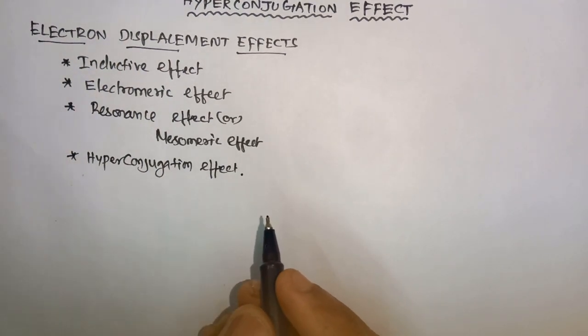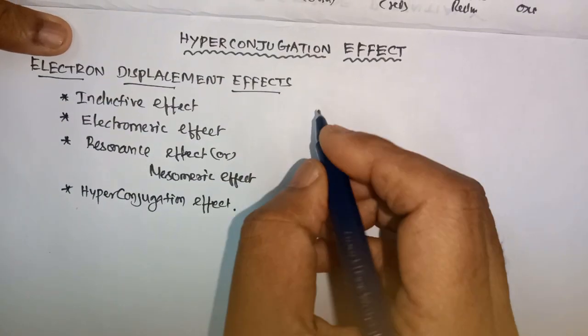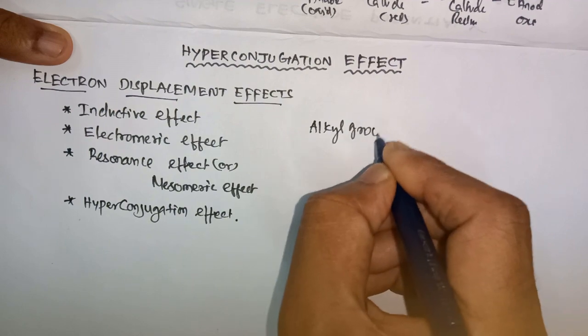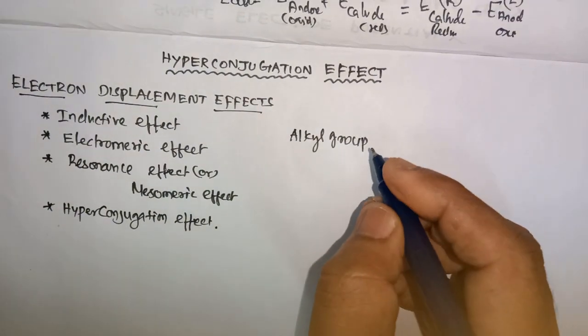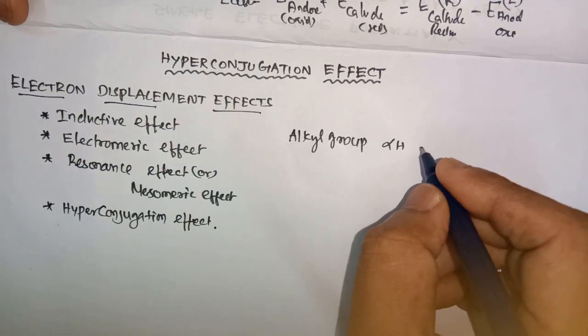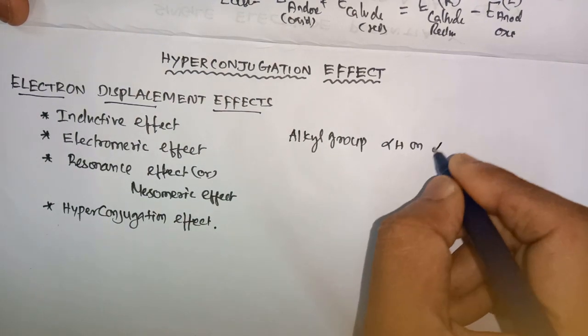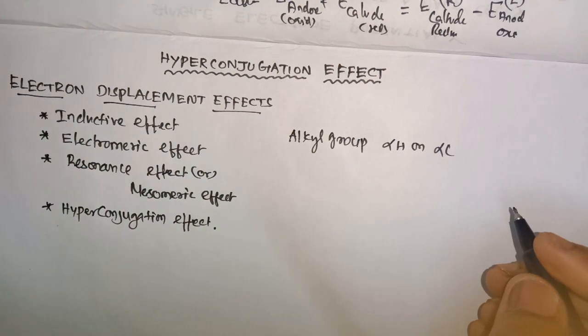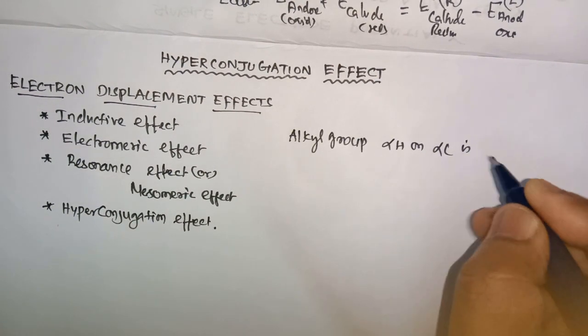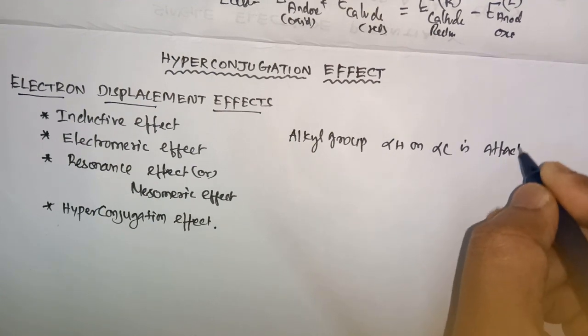Suppose I take an alkyl group containing at least one alpha hydrogen on the alpha carbon.